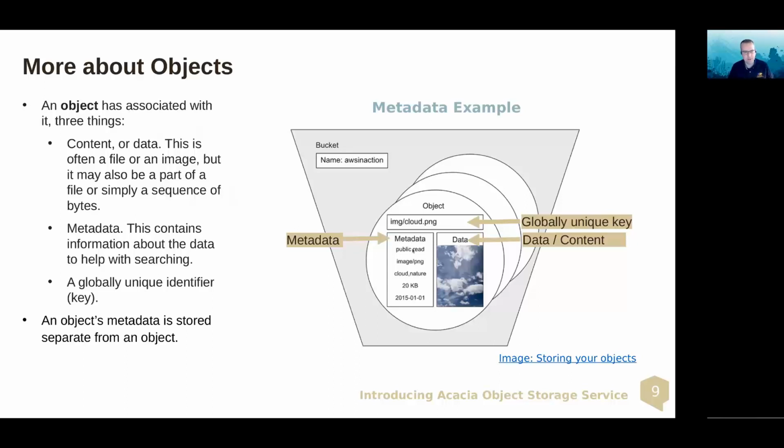So that might be the size of the object, an MD5 sum, or the time that it was last accessed. So that's a set of metadata, but you can add your own custom metadata to an object. An object's metadata is stored separately from an object, but within the object storage system.